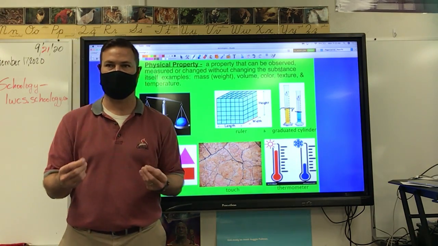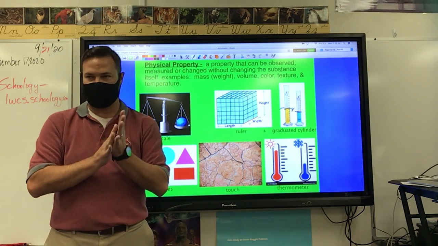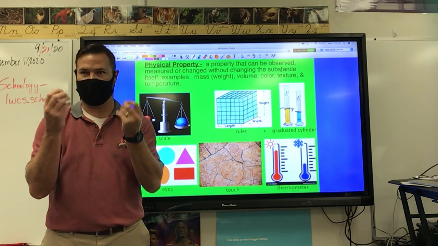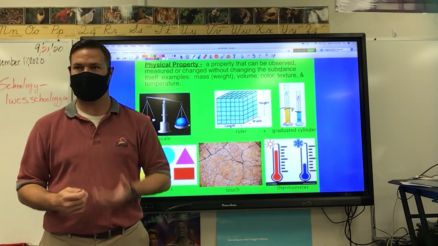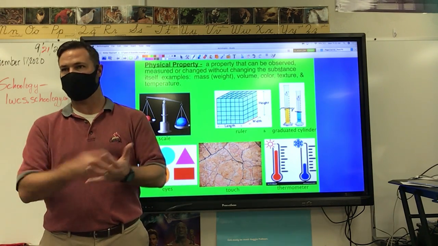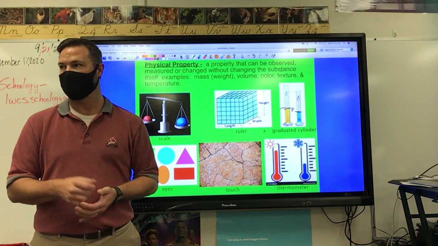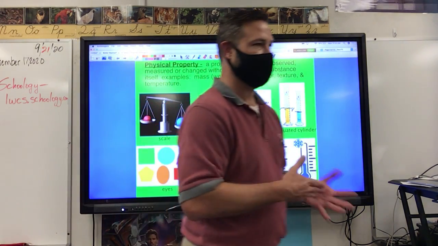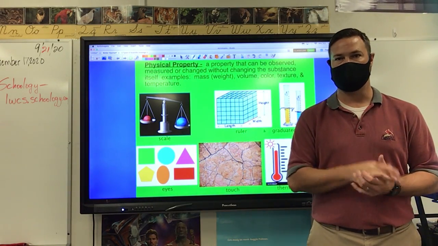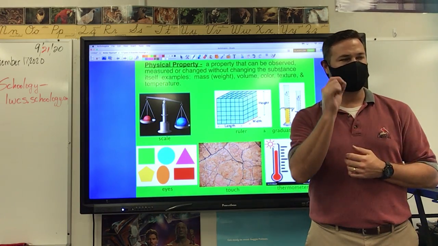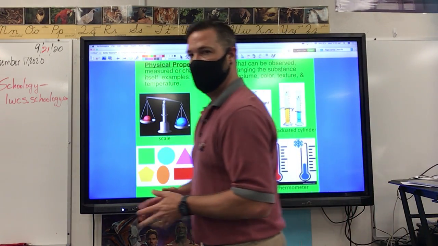I could touch it: ooh, it's soft, it's rough. The texture is by your feel. Finally, I could also measure the temperature of it. I put a thermometer on it, it's hot, it's 50 degrees, it's cold, it's 30 degrees, whatever it is, I can measure this. These are all physical properties of anything with matter or mass, using your observation, using your senses to describe anything with matter.